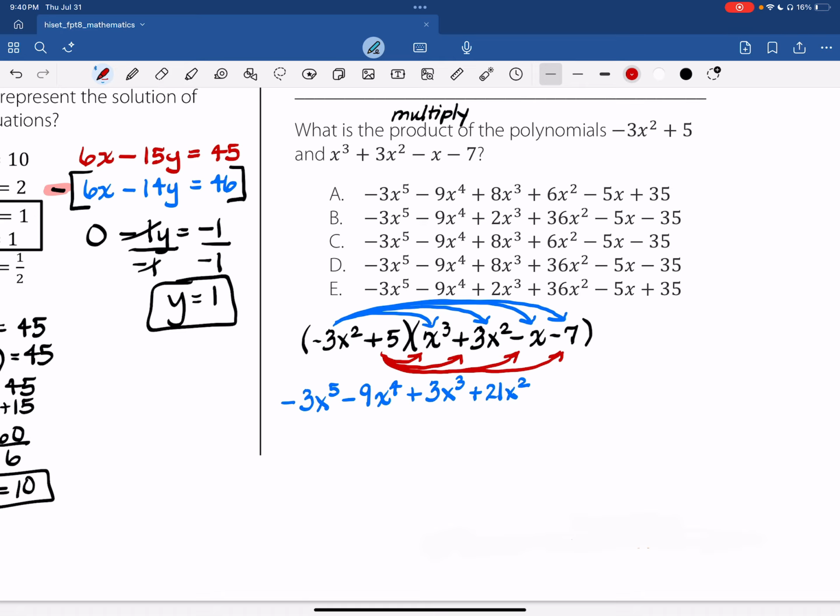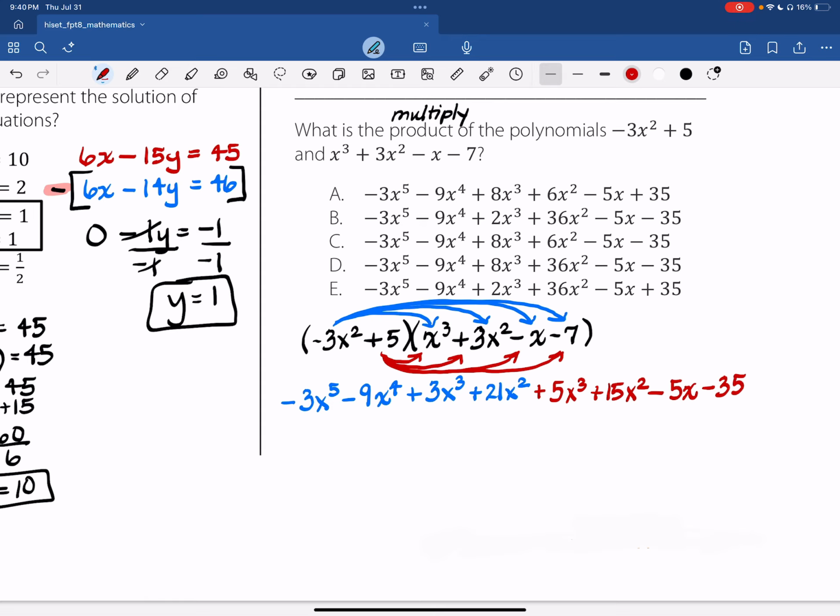So 5 times x to the third, that's positive 5x to the third. 5 times 3 is 15x to the second. 5 times negative x is negative 5x. And then positive 5 times negative 7 is negative 35.